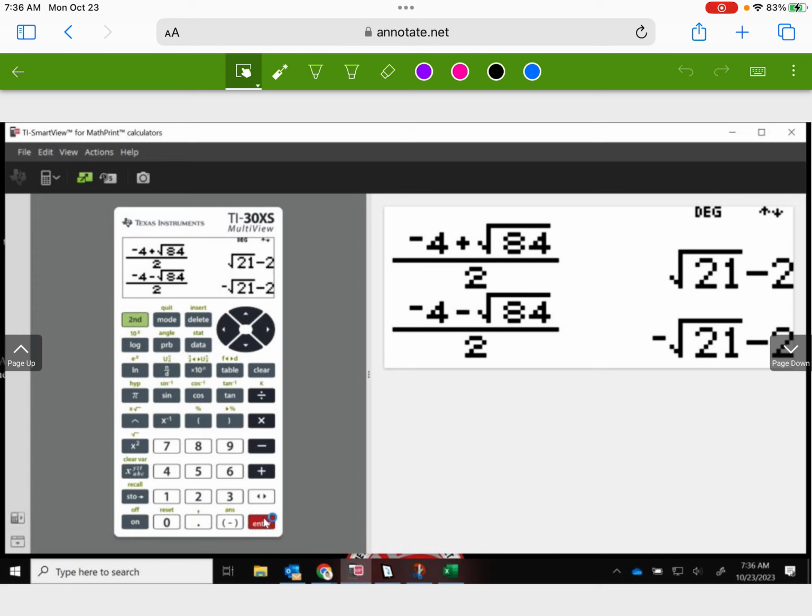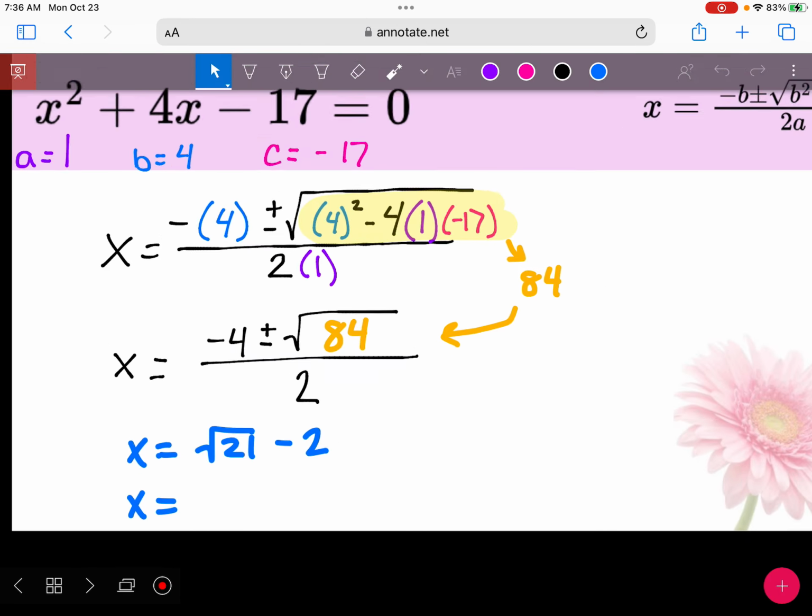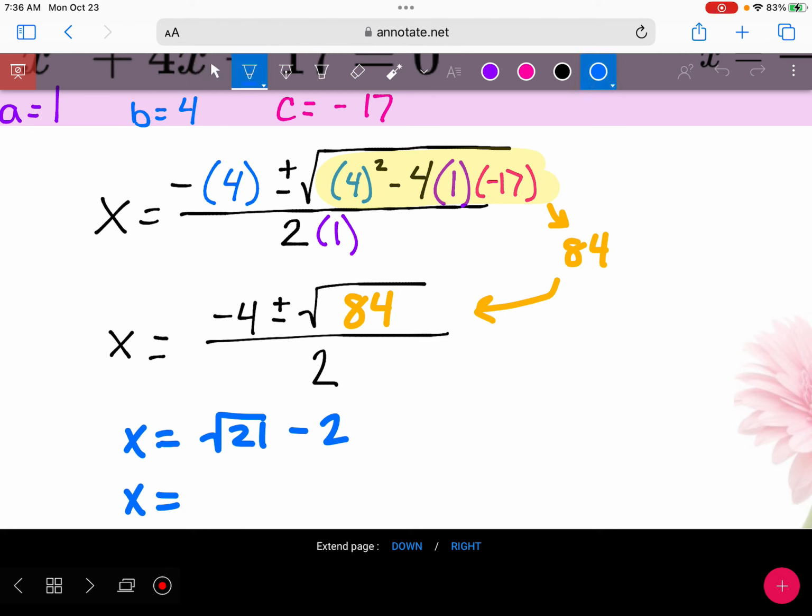And we get negative square root of 21 minus 2. And again, there are ways to do this by hand, but we don't necessarily need to. So these are our simplified radical form answers.